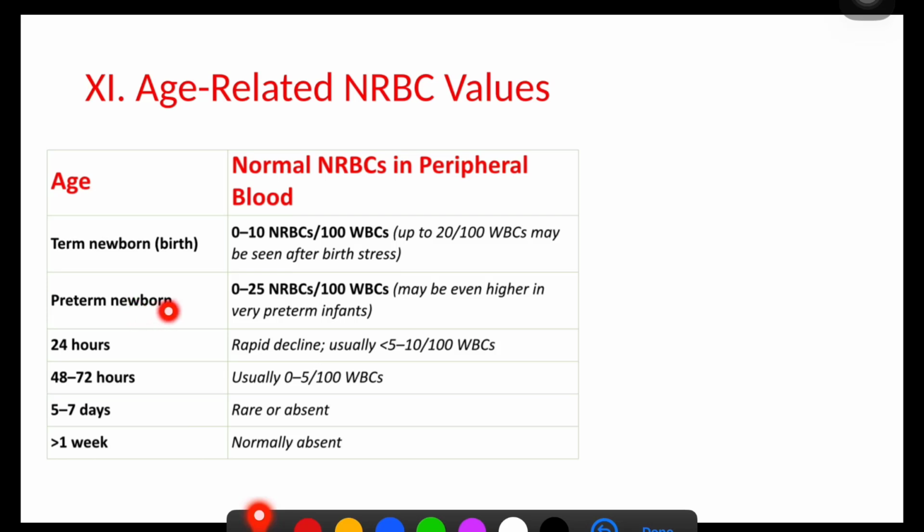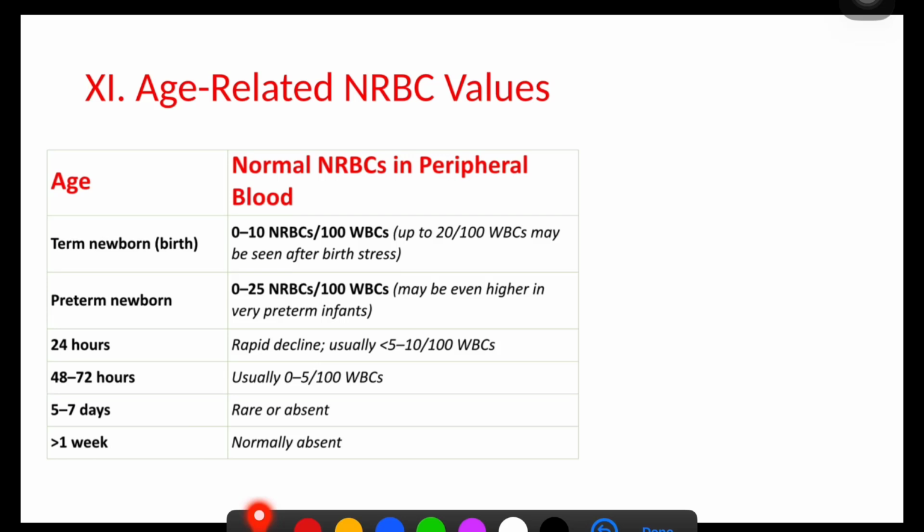In a preterm newborn, 0 to 25 NRBC per 100 WBC or even higher in a very preterm infant can be there. If you see the smear after 24 hours of birth, there is rapid decline and usually less than 5 to 10 per 100 WBC is normal.